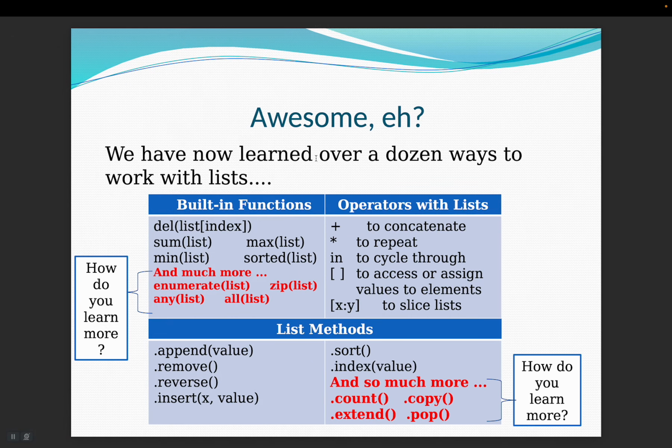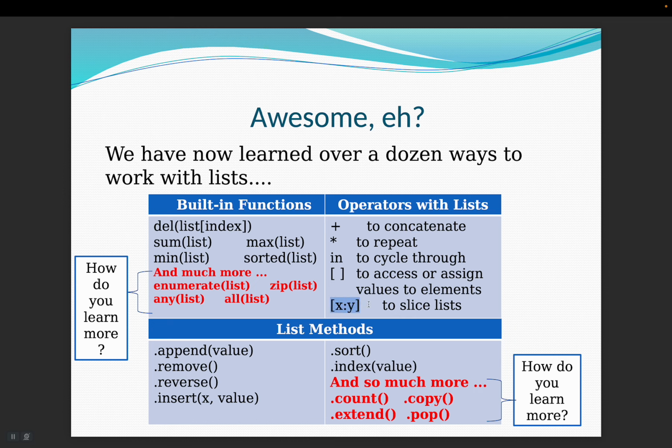Awesome, eh? So we have now learned over a dozen ways to work with lists. We have the built-in functions, and we have operators with lists, like the plus. We can add two lists together. We can use a multiplication operator to repeat a list. We can use the in keyword to cycle through. We can use the square bracket syntax to access or assign values to lists.